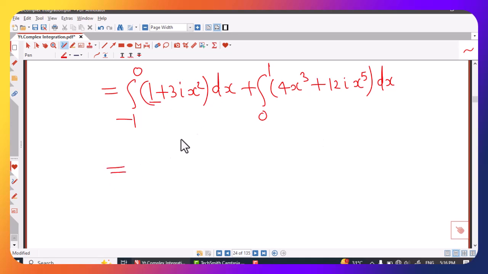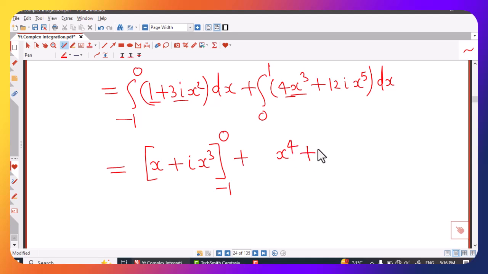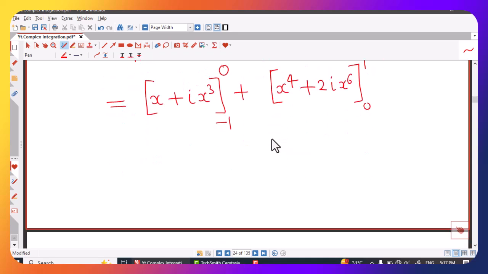Now the integral of 1 with respect to x is x, 3i is a constant, the integral of x square is x cube by 3. So this 3 will get cancelled and we have i times x cube. Limits of x here are from -1 to 0. Similarly, this is 4 into x raised to 4 by 4, so 4 will get cancelled. Here the integral is x raised to 6 by 6 and that 6 will get cancelled and we have 2i times x raised to 6. Limits of x are from 0 to 1.